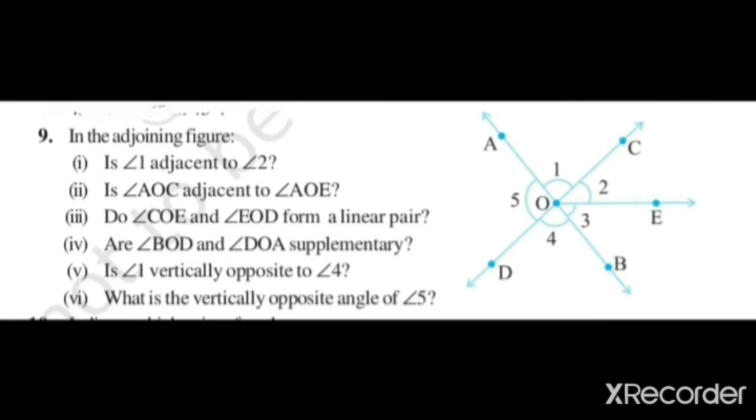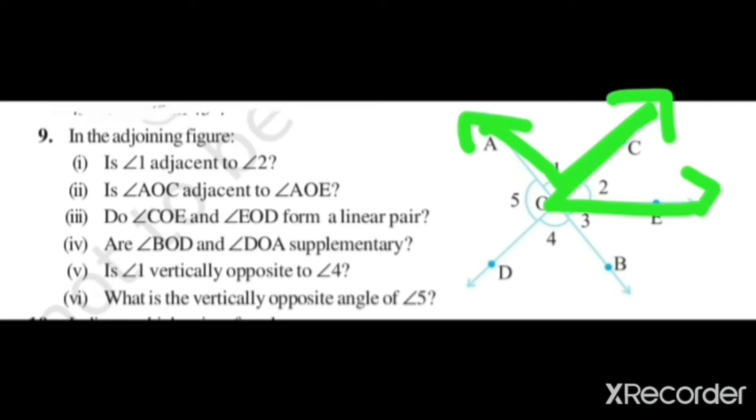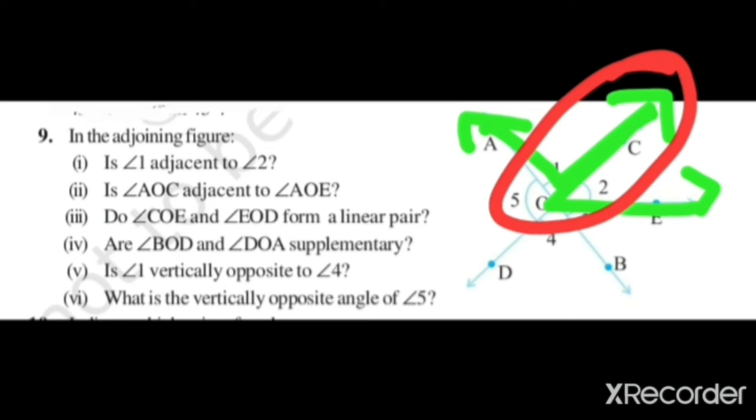In question 9, we have to find out the answers of the following question. Is angle 1 adjacent to angle 2? Here we have angle 1. Is angle 1 adjacent to angle 2? Yes, because it has one common arm.